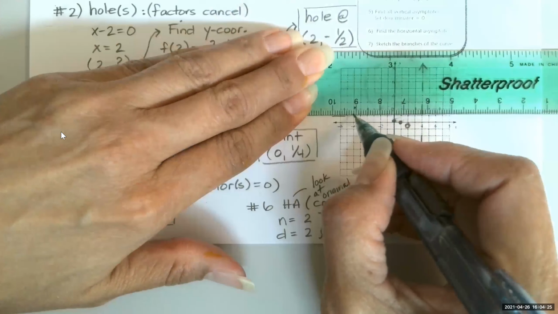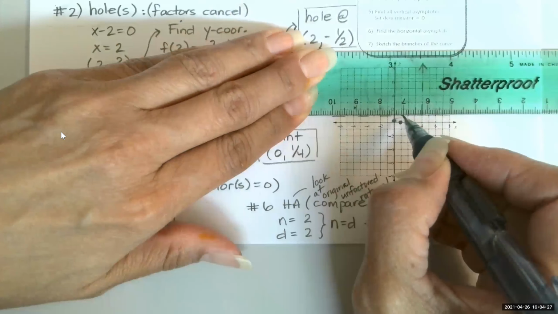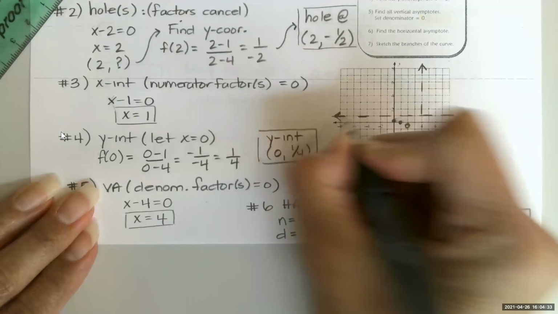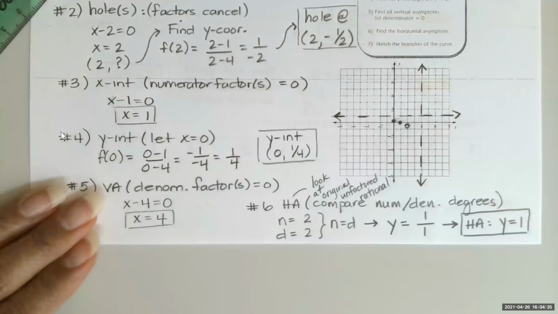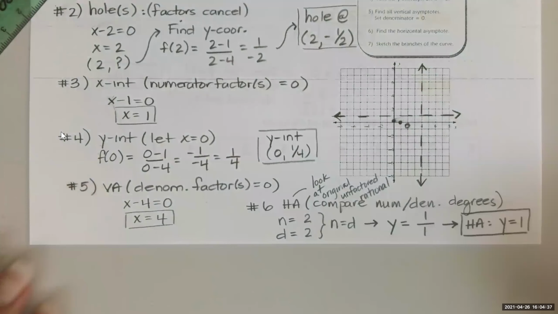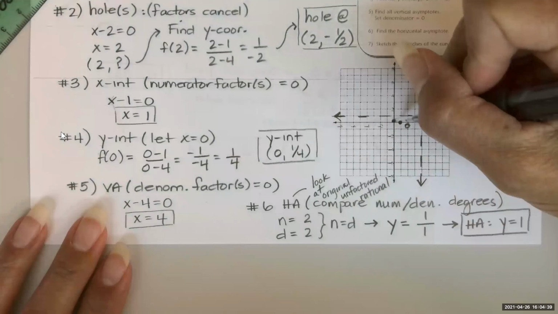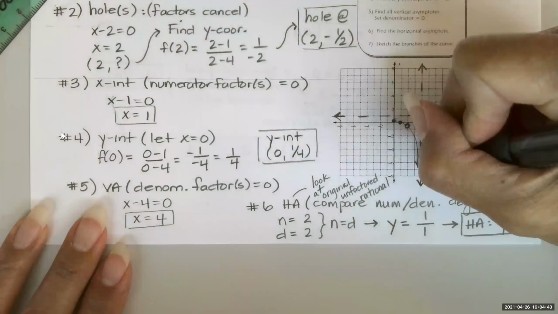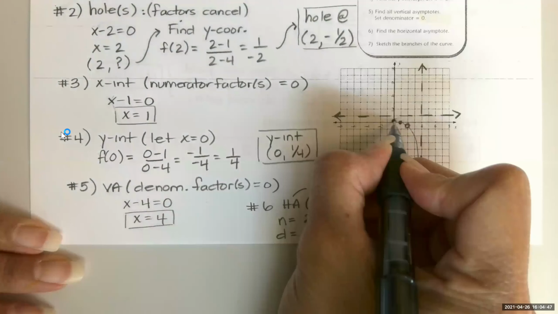draw a horizontal asymptote at y equals 1. And you can see that we have enough points already here to connect our dots to make our first branch.